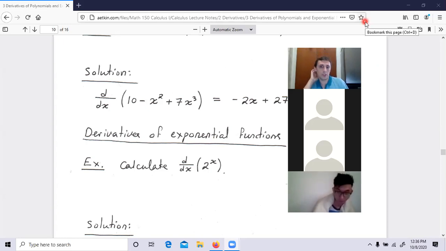Muhammad: 2 times x to the power of x minus 1. Interesting, interesting.